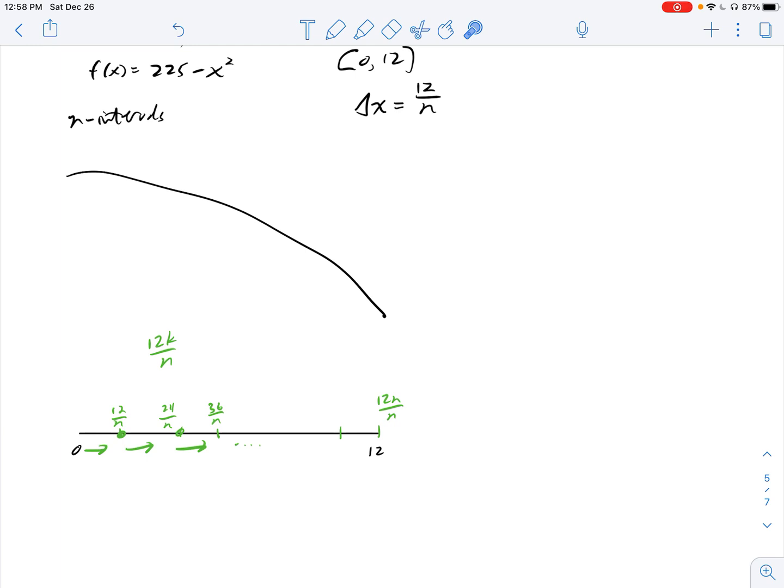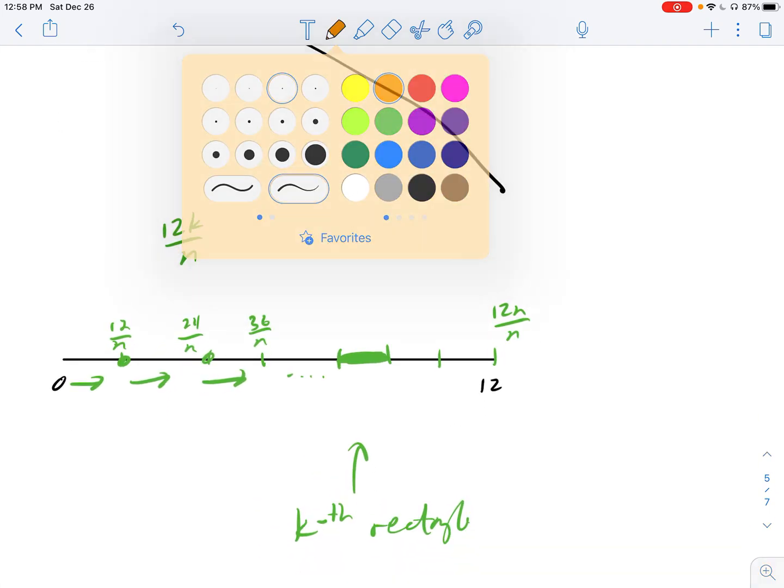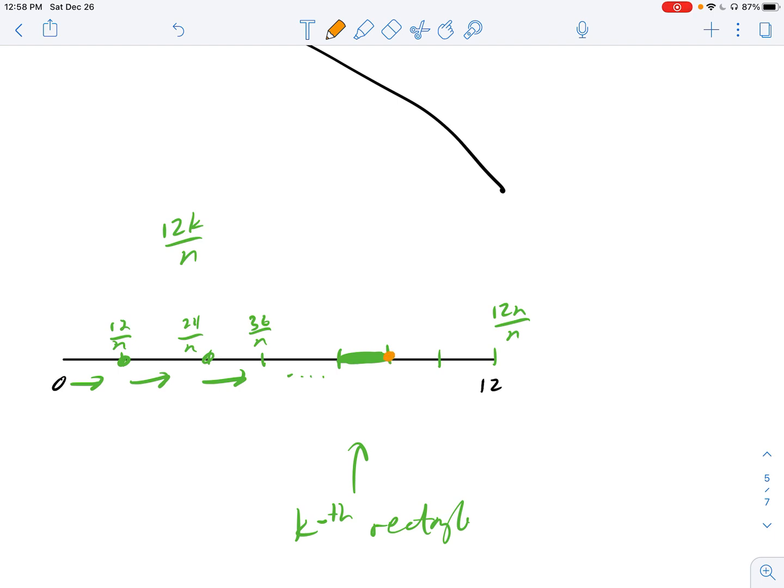So let's think a little bit abstractly. Here is my kth rectangle, and here is its base. This point right here would be 12k over n, because I have added 12 over n, k times. So here would be the top of my rectangle.